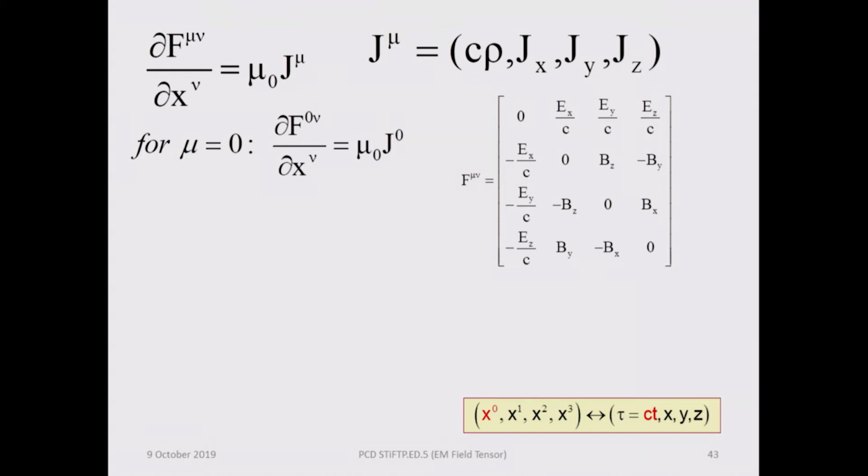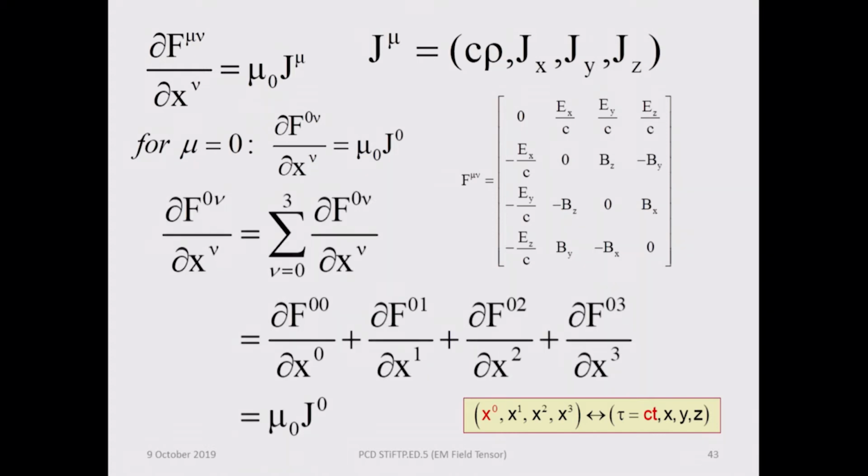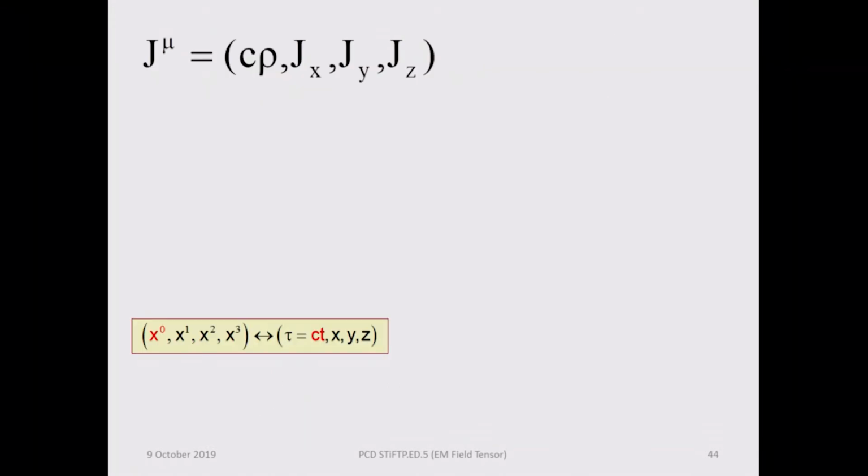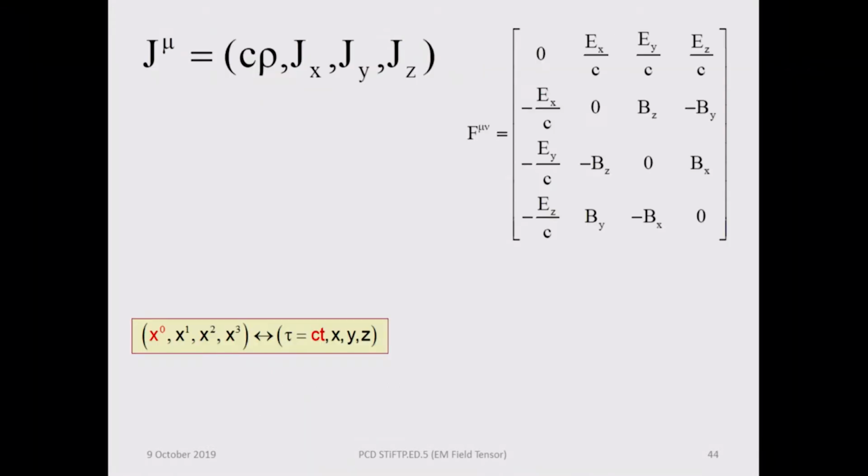The left hand side has nu appearing twice, so we must sum over nu. So, there are 4 terms and the right hand side is mu 0 j mu, which for mu equal to 0 is j 0. So, that is your right hand side.